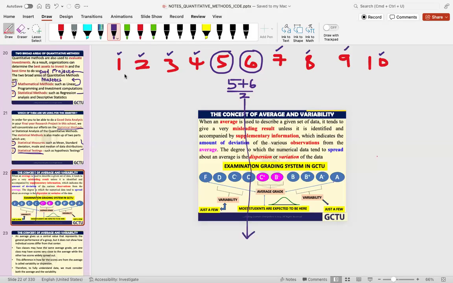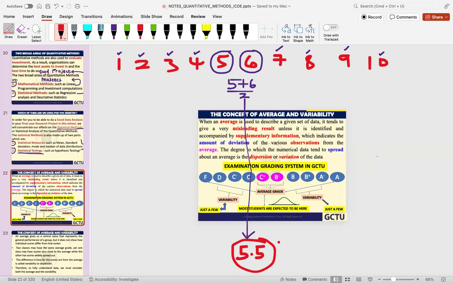If you use your calculator, your final answer will be 5.5. So what it means is when you are moving from 1 to 10, the center of that journey is 5.5.